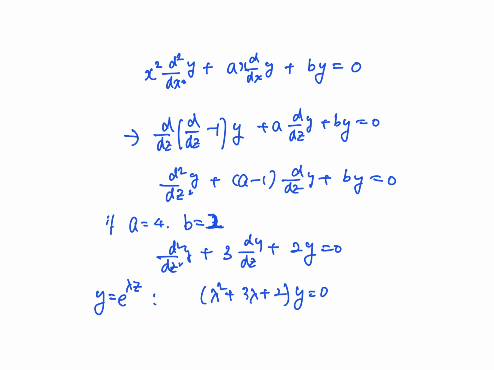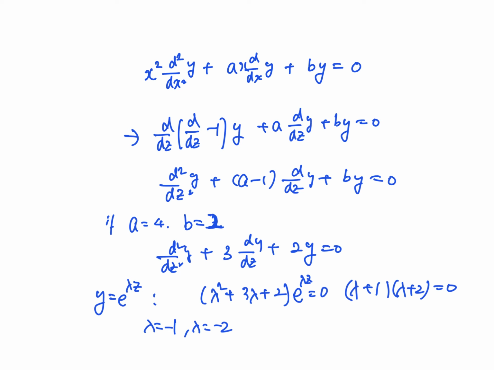Exponential lambda z is not 0. So (lambda + 1)(lambda + 2) is equal to 0. Lambda equal to minus 1, lambda equal to minus 2, right?